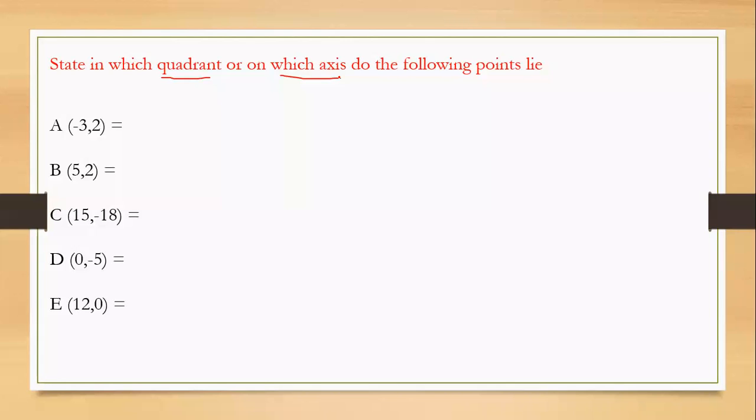Okay, x or y. So the points are A (-3, 2), B (5, 2), C (15, -18), D (0, -5), E (12, 0). Before starting this sum, let us quickly draw the quadrants. I am drawing it in the rough column.